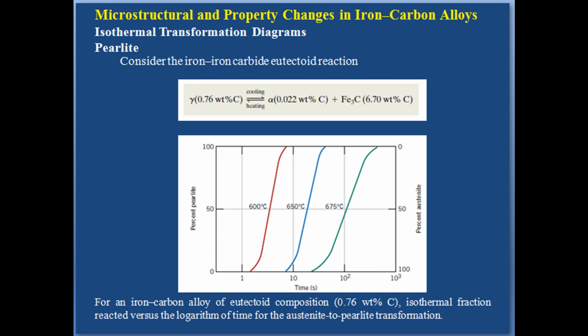For each curve, data were collected after rapidly cooling a specimen composed of 100% austenite to the temperature indicated. That temperature was maintained constant throughout the course of the reaction. This is for an iron-carbon alloy of eutectoid composition with 0.76 weight% carbon: isothermal fraction reacted versus the logarithm of time for the austenite to pearlite transformation.